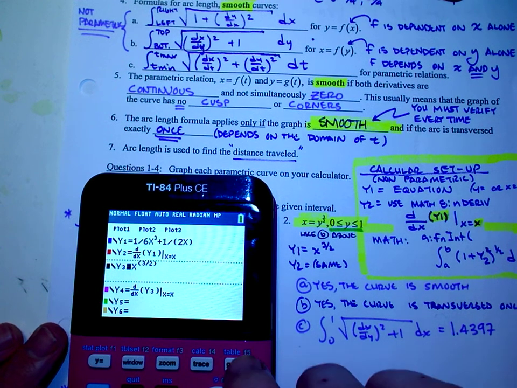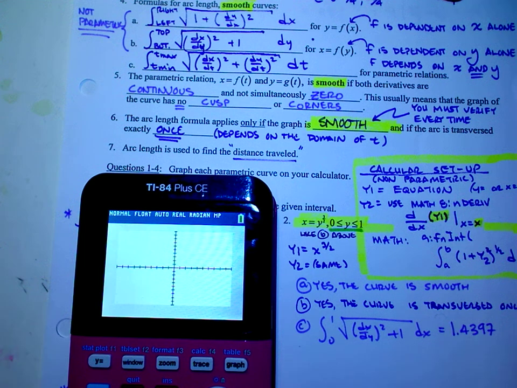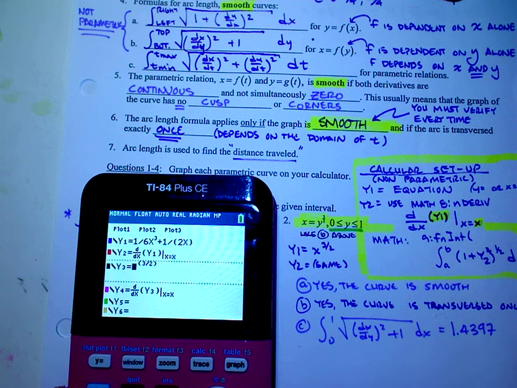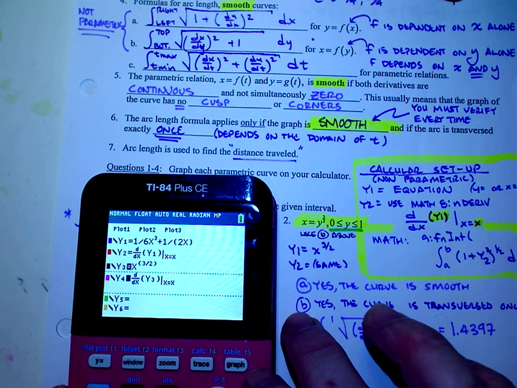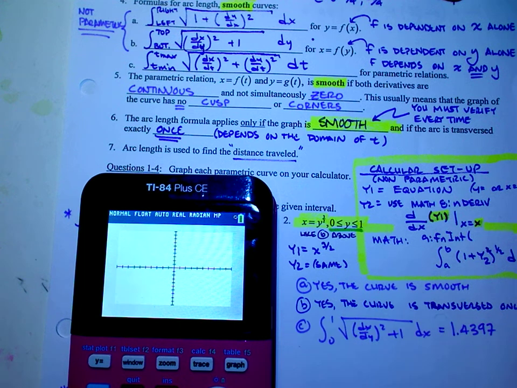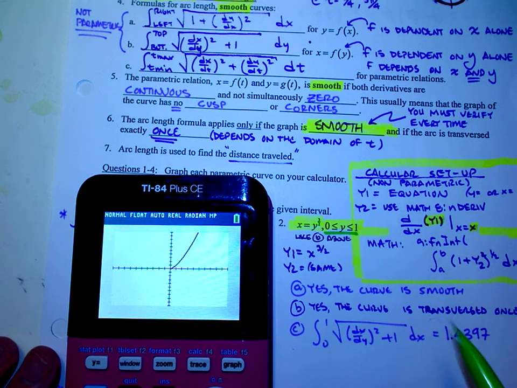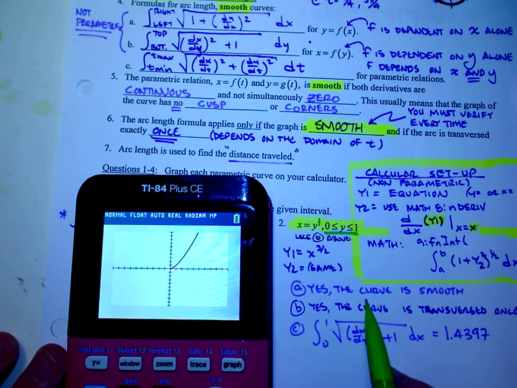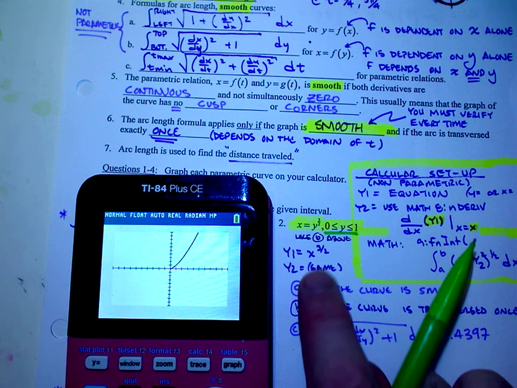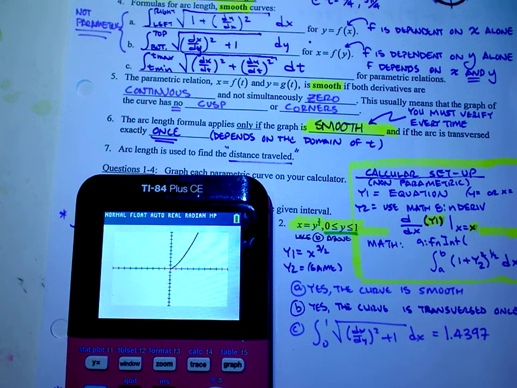Now I'll go ahead and graph those. Got to turn them on first. There we go for the first one. I don't want to look at the derivative graph, so I'm just not going to highlight that one. Let's watch this thing. You'll see we have a domain from 0 to 1, no problems. We should be good. And of course, your knowledge of the graph should remind you that this shouldn't be a problem at all.